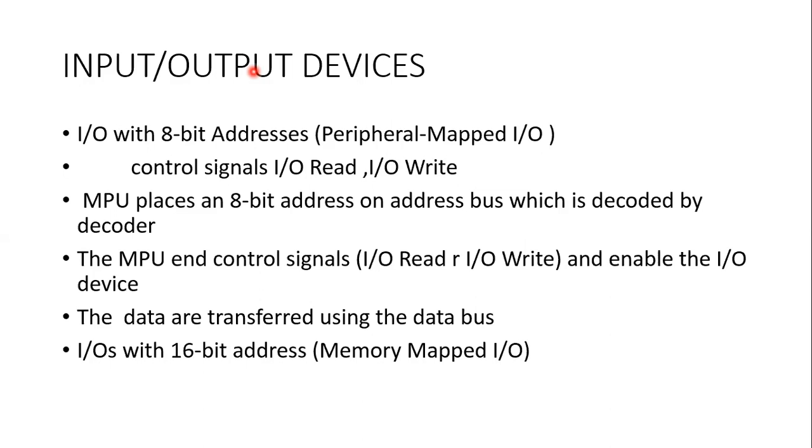There are two different methods by which the I/O devices can be identified. One uses an 8-bit address and the other uses a 16-bit address. The first one is I/O with the 8-bit address, called peripheral mapped I/O or I/O mapped I/O. In peripheral mapped I/O, the MPU uses 8 address lines to identify an input or output device.